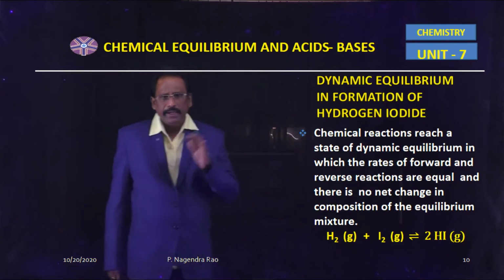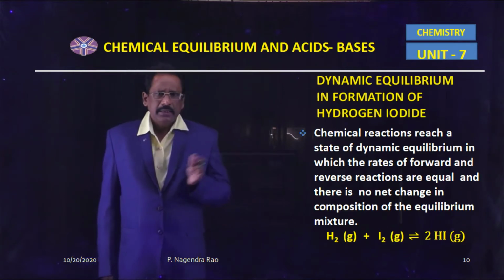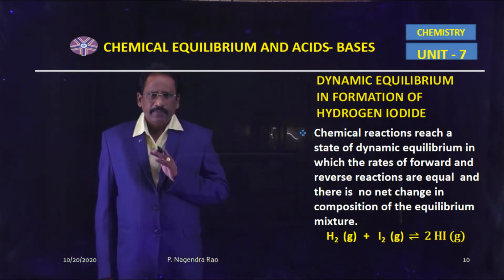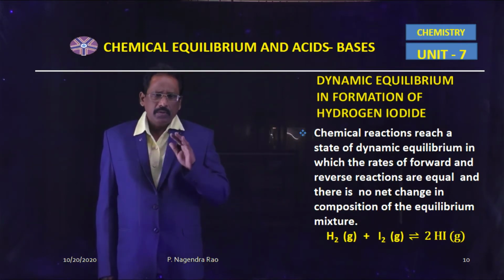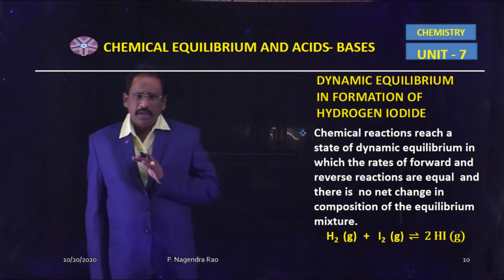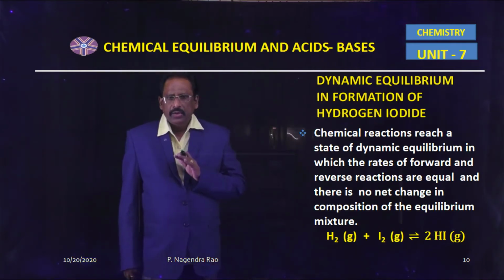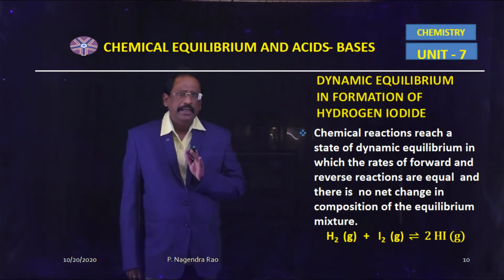Instead of A and B gases, here H2 and I2 gases. So from the combination of 1 mole of H2 and 1 mole of I2, 2 moles of HI gas will be formed.